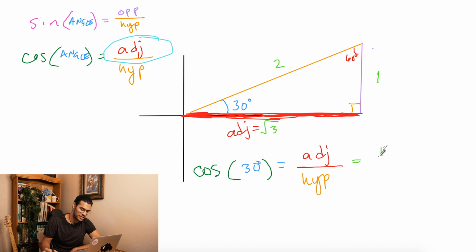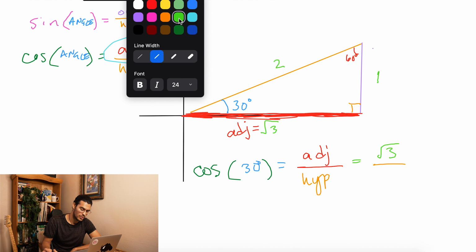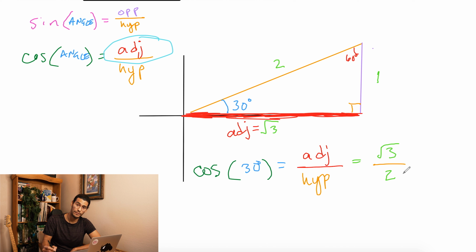So the ratio of the adjacent side over the hypotenuse is always going to be root 3 over 2 for a 30, 60, 90 triangle, okay?